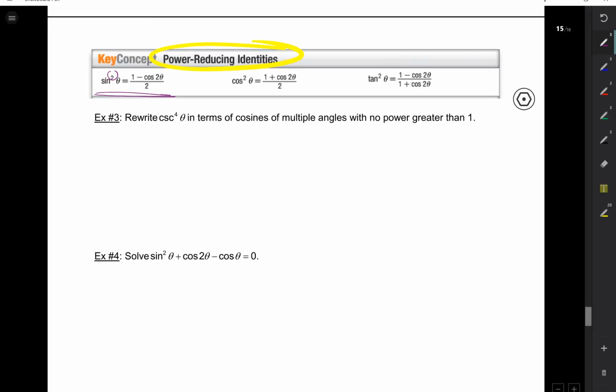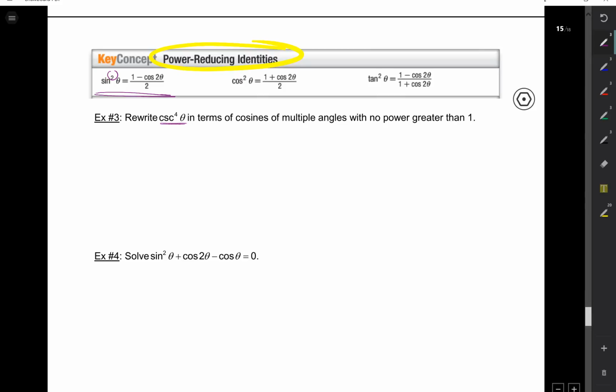So now, here we have cosecant to the power of 4 theta. And we're not friendly with exponents today. So we just want to get rid of the exponent. We want to write cosecant to the power of 4 theta in terms of other functions, no exponents though.